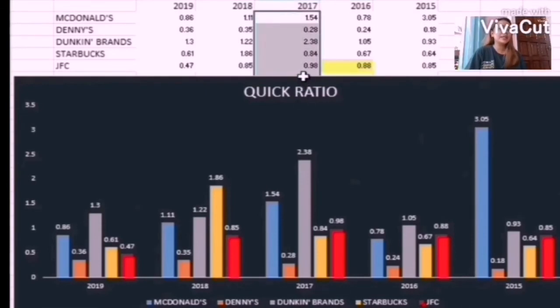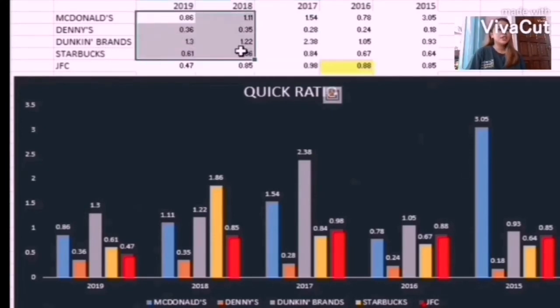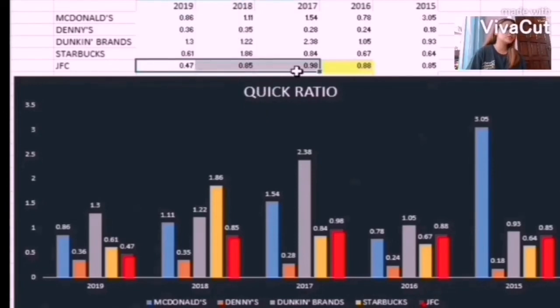In the year 2018 to 2019, JFC's quick ratio were lower than McDonald's, Dunkin' Brands, and Starbucks, but higher than Denny's. So in the past 2 years, JFC has lesser ability to pay its short-term obligations than McDonald's, Dunkin', and Starbucks.